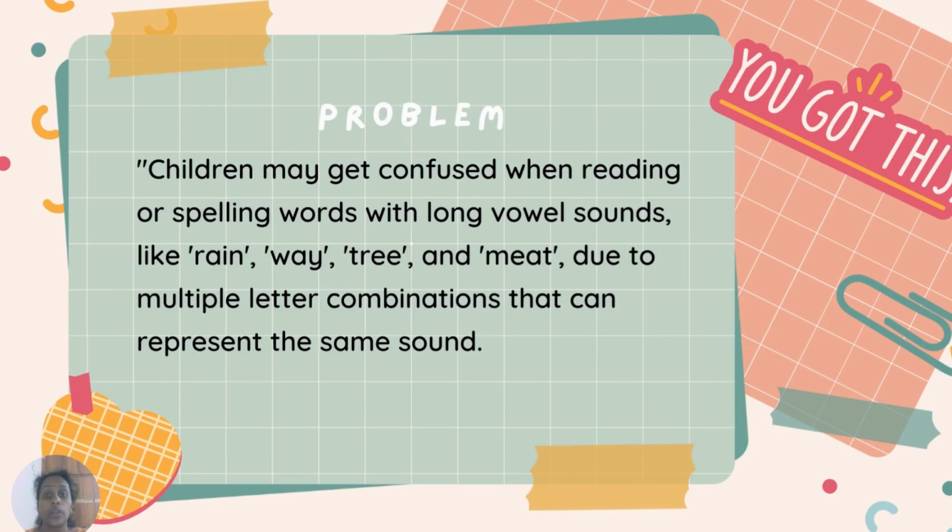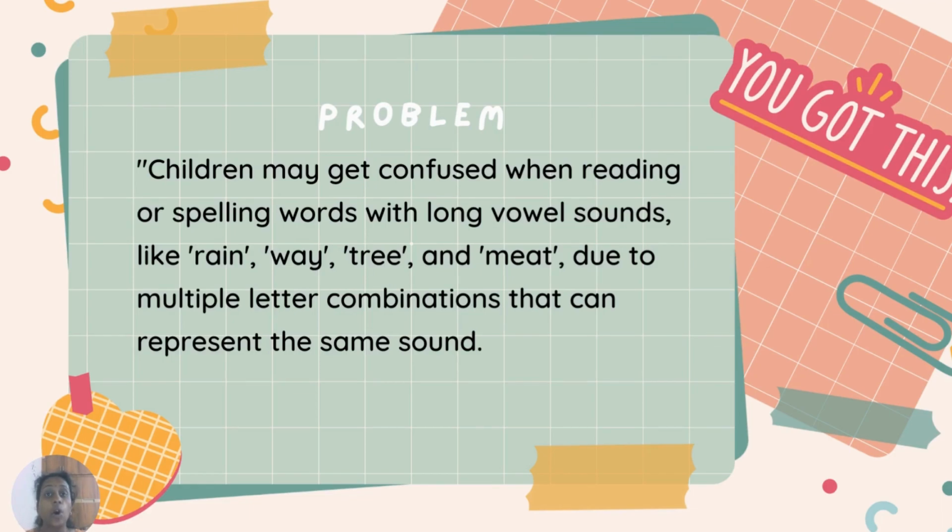Now let us see what problem kids are facing. Children get confused while reading and writing spellings with the long vowel sounds. For example, all the long vowel sounds can be made with a few different combinations.